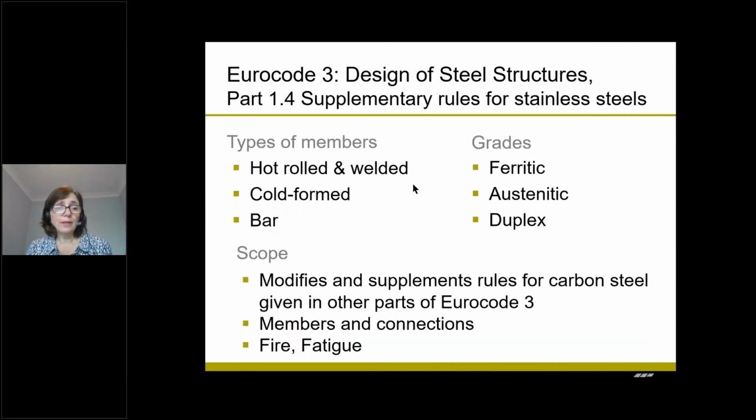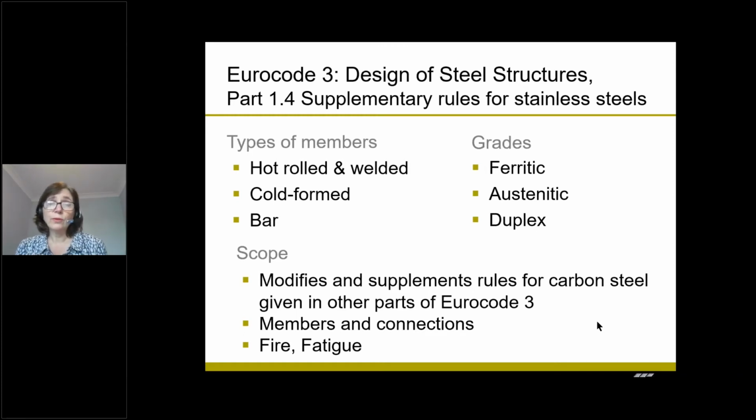So let me tell you a little about Eurocode 3 Part 1.4. So it covers all types of members, whether you've got bar, cold formed, hot rolled, welded, extruded. It covers the 3 families of stainless steel. It covers ferritics as well as the austenitics and duplexes.